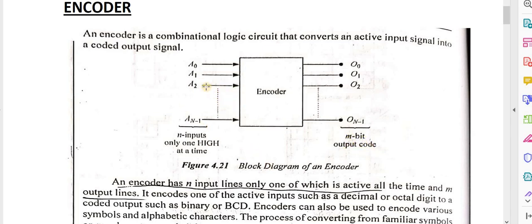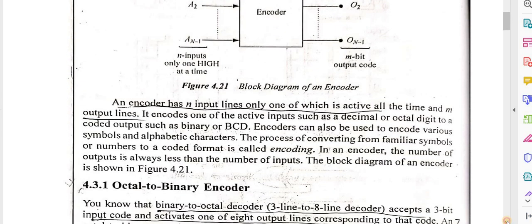So if the input lines are 2 to the power n, the output lines will be n. This is the block diagram of an encoder.